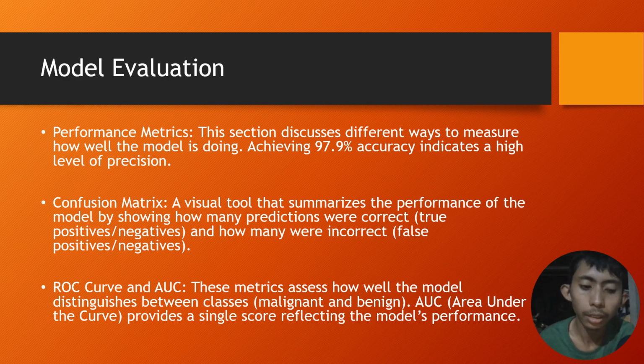This dataset employs a confusion matrix to provide a detailed breakdown of prediction outcomes, showing the number of true positives, true negatives, false positives, and false negatives. This helps in understanding where the model is making errors.